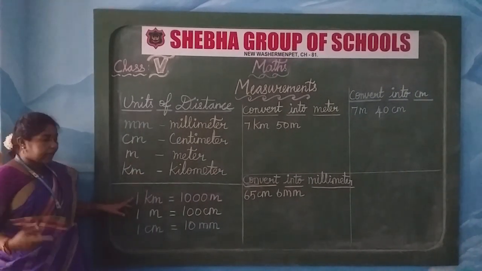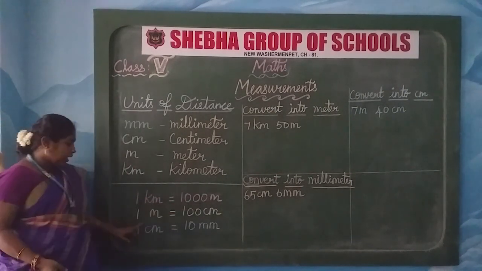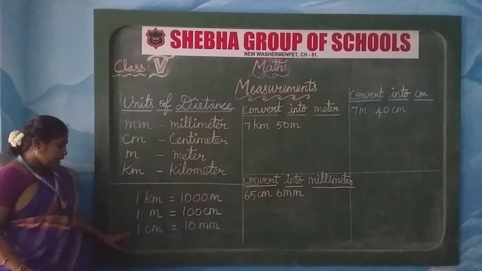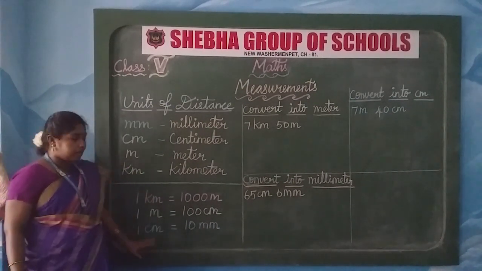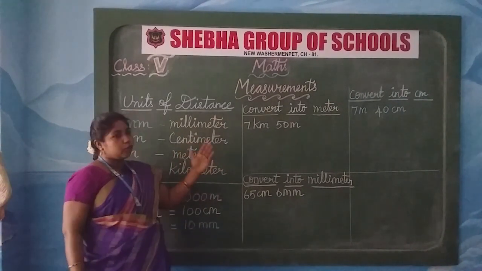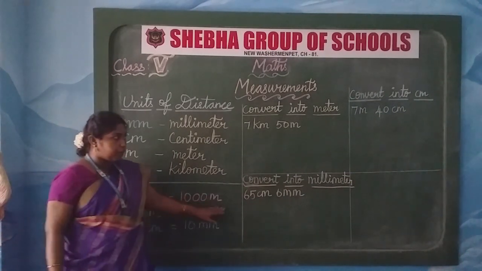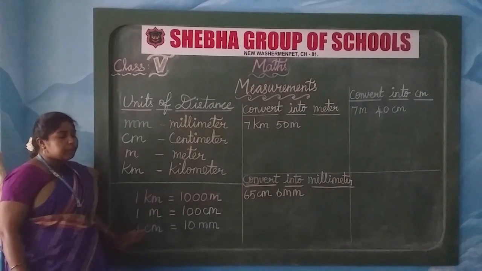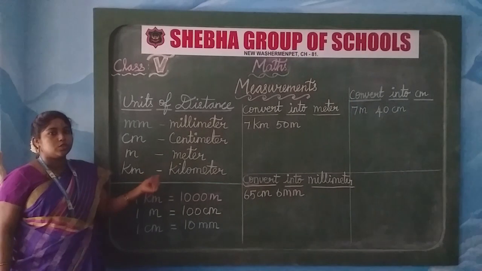I am repeating again: 1 kilometer equals 1000 meters, 1 meter equals 100 centimeters, 1 centimeter equals 10 millimeters. Using this, we are going to convert bigger units into smaller units. We can convert kilometer into meter, meter into centimeter, centimeter into millimeter. Let us see how, children.